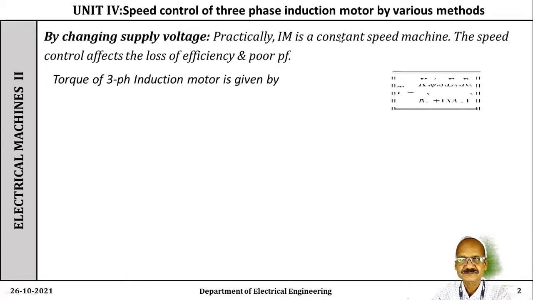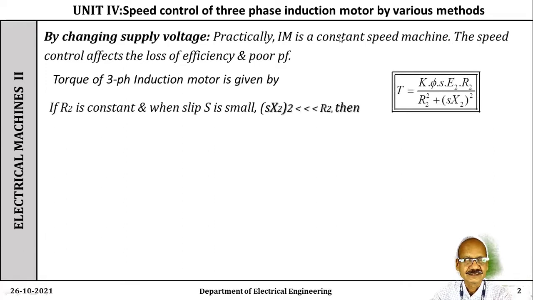However, the torque of a three-phase induction motor is given by T equal to K phi S E2 R2 upon R2 square plus (S X2) square, where if R2 is constant and slip is very small, then the term (S X2) square becomes very small as compared to R2. Therefore, the torque is proportional to S E2 square, and as E is proportional to V, the torque is proportional to S V square.